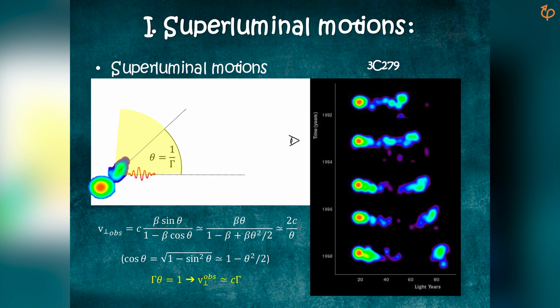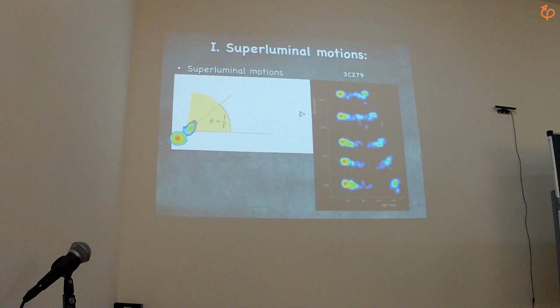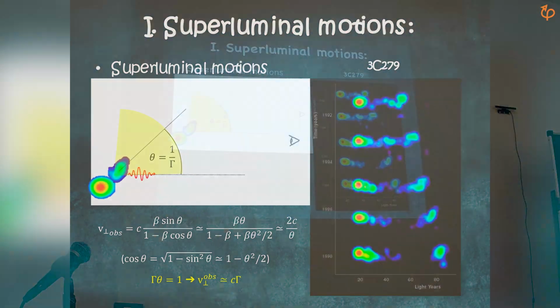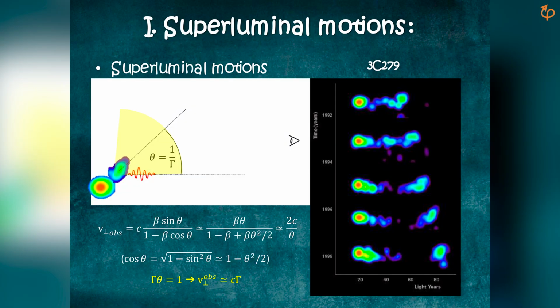Statistically, for things moving at different angles, I will probably see them at the maximal angle that they can move in. So usually we see them at or close to an angle of 1 over gamma, and that's why the velocities that we measure are good representers of the Lorentz factor.